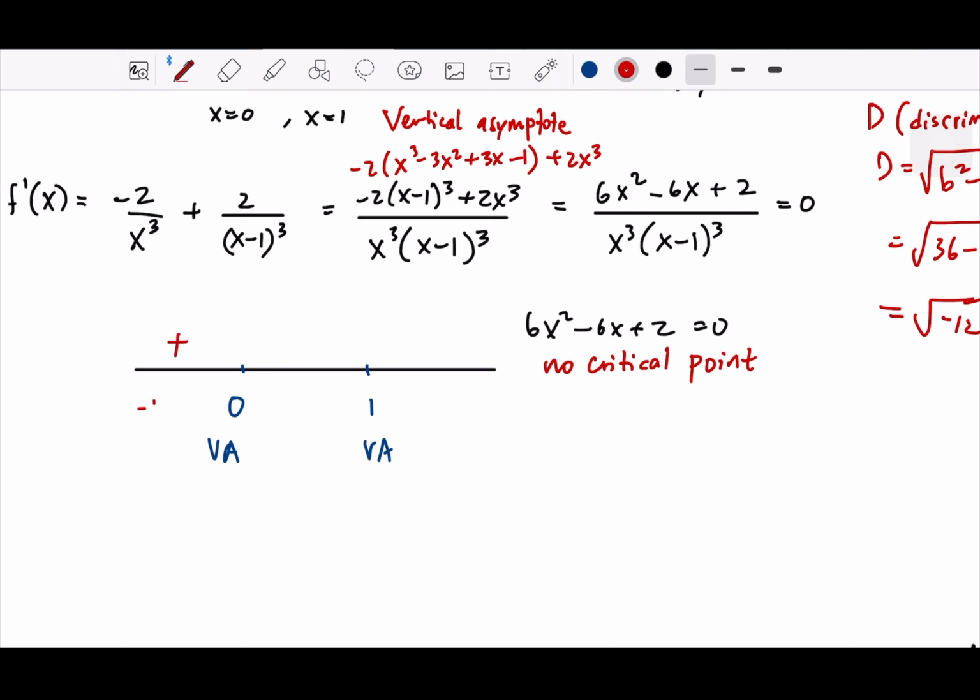So check -1 and check maybe 1/2. 1 over 2 here will be negative, and the denominator is positive, so it should be negative.